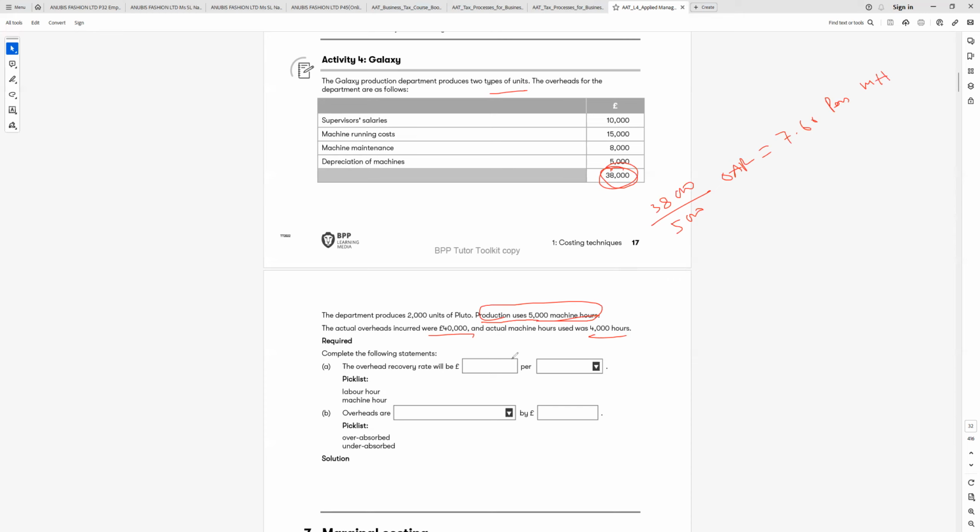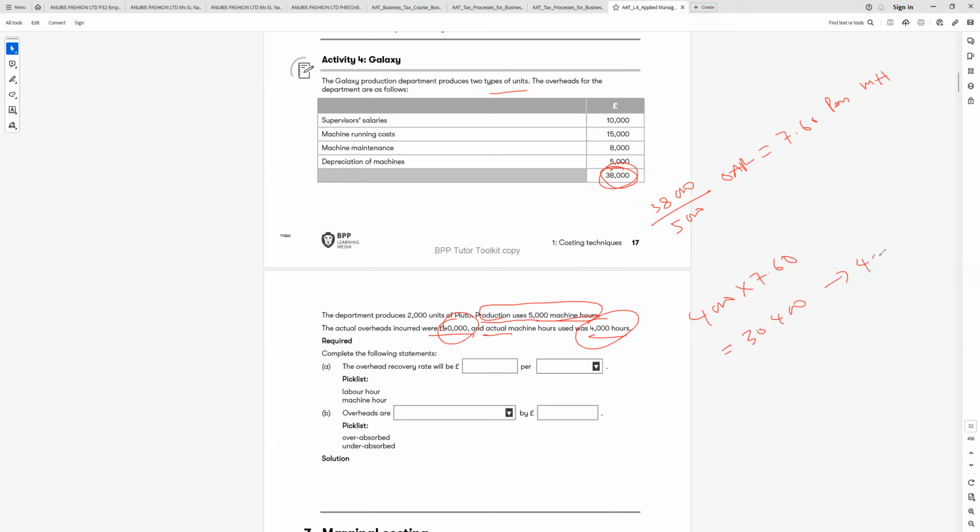Now we can see that actually we have used 4,000 hours. So 4,000 hours should cost 4,000 times 7.60. That should be 30,400.